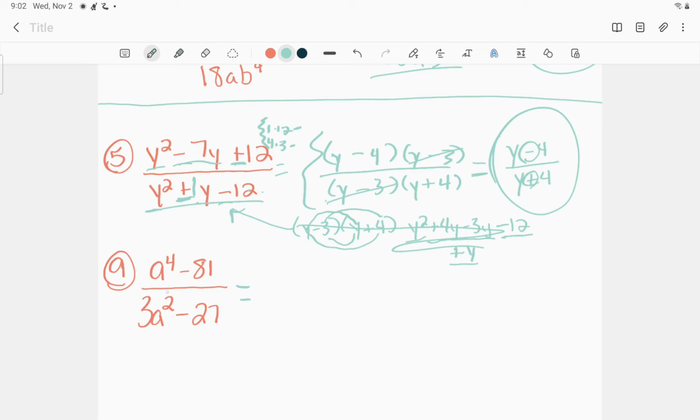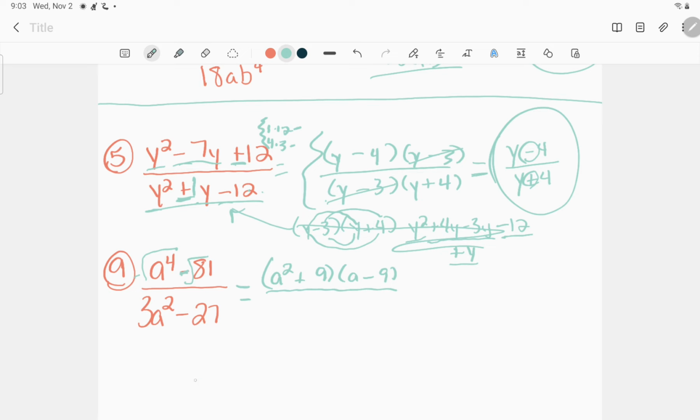What that's saying is that I can take the square root of a to the 4th, which is a squared, and I can take the square root of 81, which is 9. Since it's a negative sign in the middle, I have to have 2 problems, and they're separated by a plus sign and a minus sign.